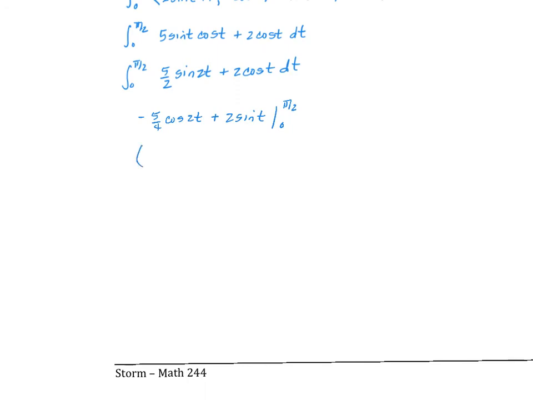This would be at pi over 2, cosine of pi is negative 1, so this becomes a positive 5/4 plus 0, minus at 0, this becomes a negative 5 over 4 plus 0. It looks like I have 9 over 2, right? Because that's 10 over 8. Did I say 9 over 2? Oops, sorry, 5 over 2. 5 over 4 plus 5 over 4, 10 over 4 is 5 over 2.